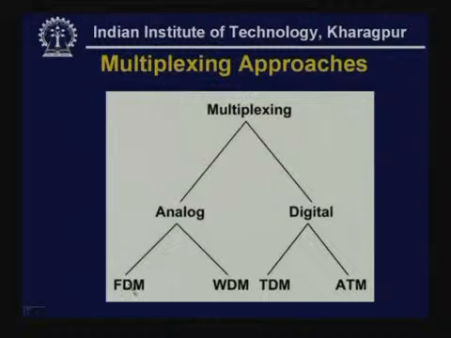The time division multiplexing is done by using digital signaling, and that is why it is called TDM, and ATM stands for asynchronous time division multiplexing. So, analog signaling is used for frequency division and wavelength division multiplexing, and digital signaling is used for time division and asynchronous time division multiplexing.